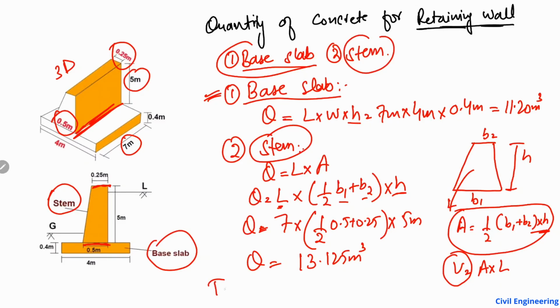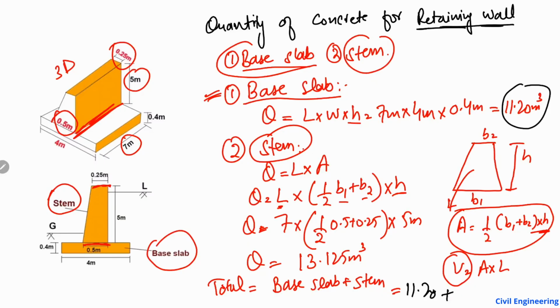Now adding these two terms, the base slab concrete and the stem, the total quantity of concrete for this retaining wall will be the base slab plus the stem. The base slab is 11.20, which we found before, plus the quantity of the stem, 13.125.